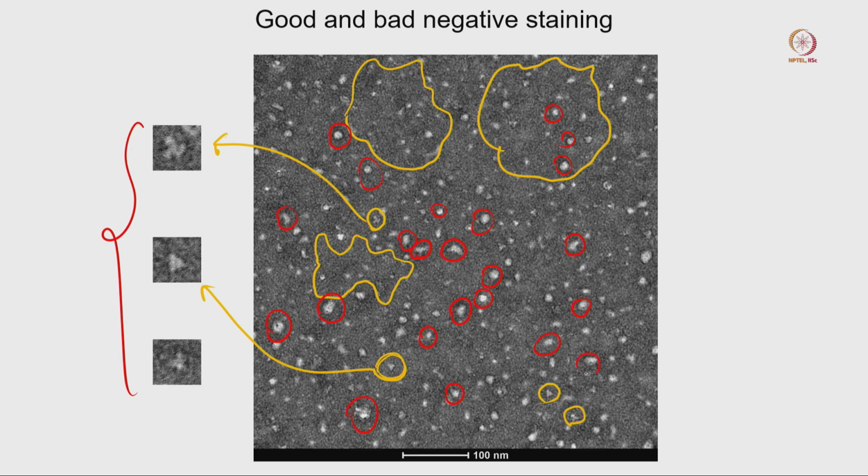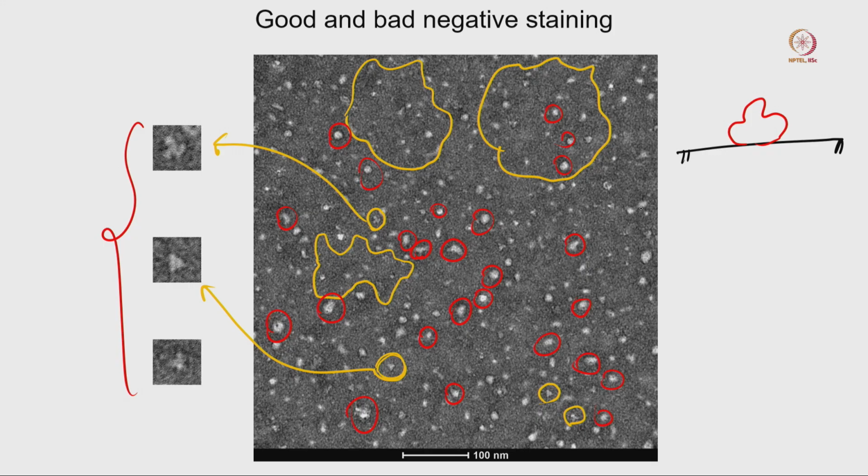So if I compare this staining again, what is happening here? If we recall our negative staining technique, what do you have? There is a carbon, okay, and then on top of that I have my sample here. The problem here is that maybe we used too strong a staining solution.